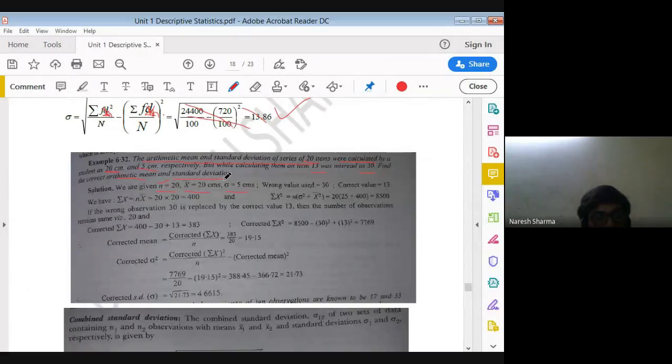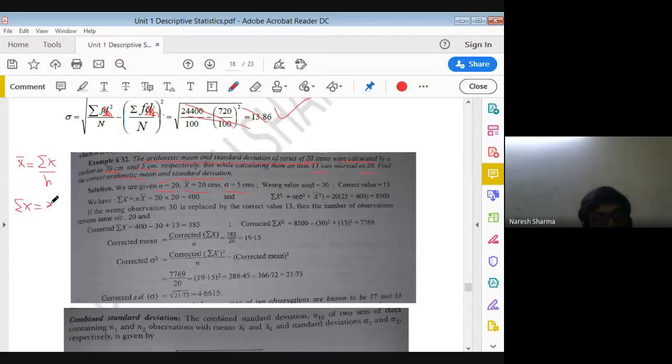So we know that the formula for mean is x bar equals summation x by n. We may rewrite this as summation x equals mean into n.